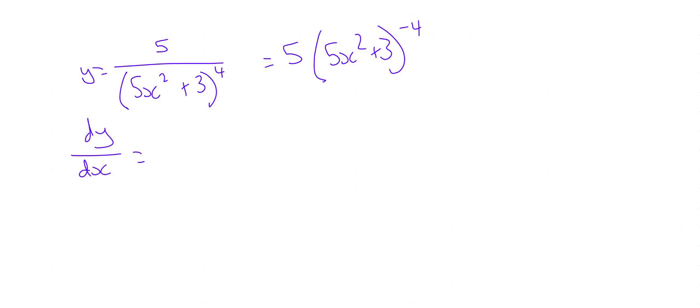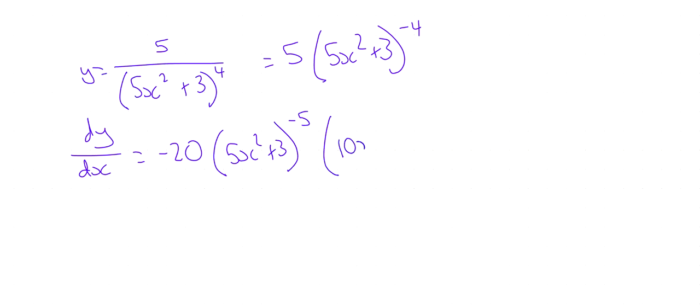So what does my derivative look like? -20. I multiply this down here. Then I leave this as it is, and my power is -5 because I'm subtracting. And then what does my chain rule say comes next? 10x, because that's the derivative of this bit.